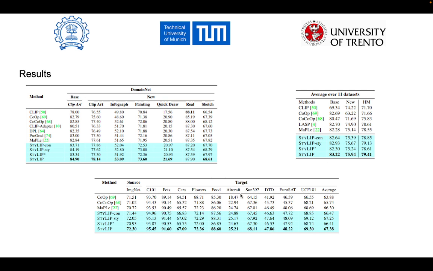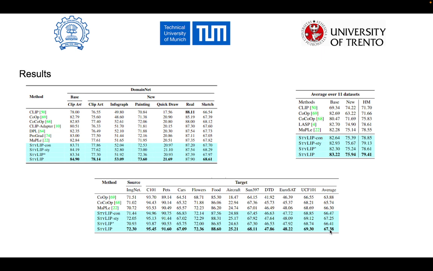We have also seen the results for cross-dataset generalization: we trained STYLIP over the ImageNet dataset and then tested over the other 10 datasets, and we report the average accuracy, which has increased by at least 1 to 2%.